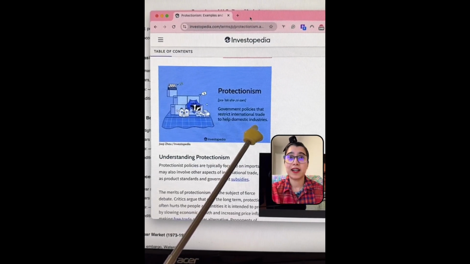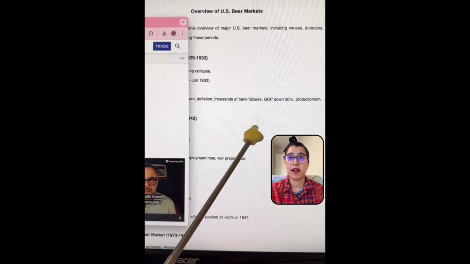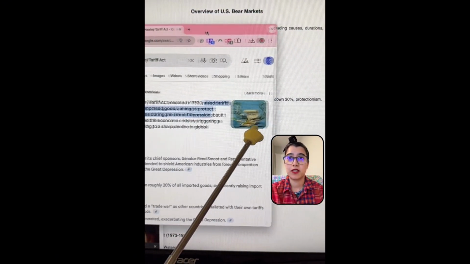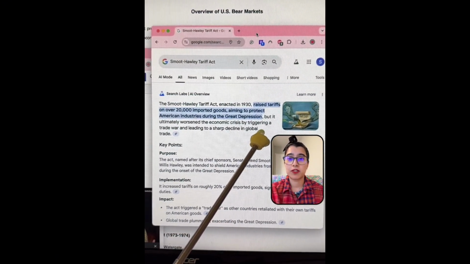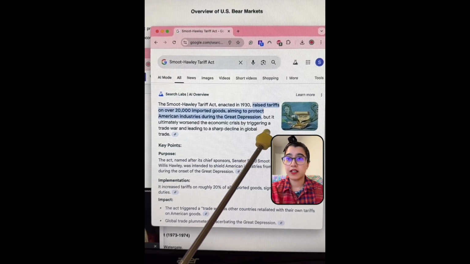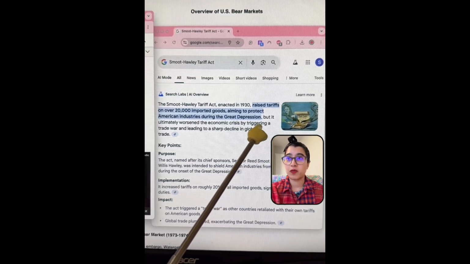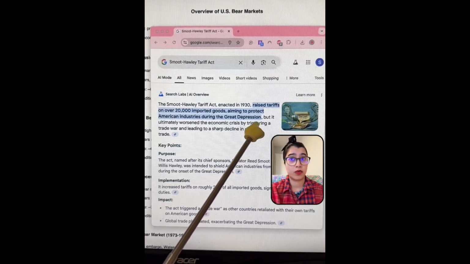Yes. And I dug a little deeper into that, and I found out that this was the act called the Smoot-Hawley Tariff Act. That was one of the reasons for the bear market, as it worsened the economic conditions.